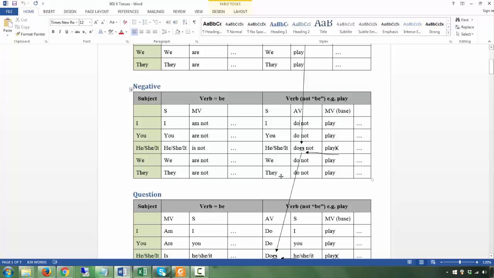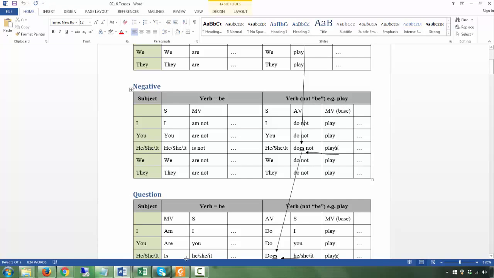This whole thing is not about do, but you need to use do as an auxiliary, as a helping verb to form the tense. Now why? It's just the way it is. Okay, so this is an auxiliary verb. Don't be mistaken that this gives you the meaning. You just need it to form the tense.